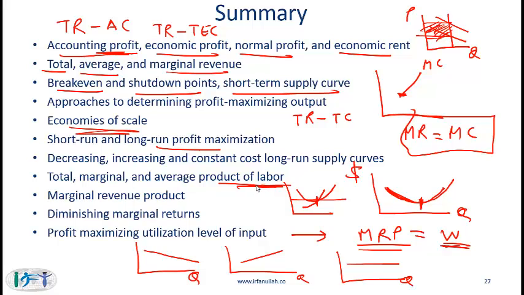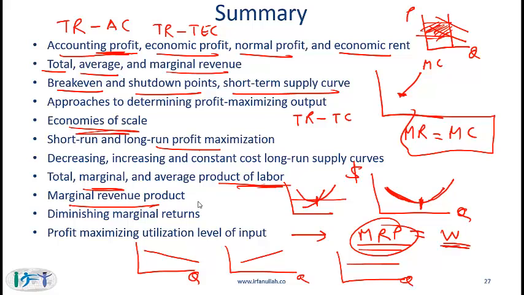Marginal product of labor would be the additional output from using one more unit of labor, and average product of labor would be the total output divided by units of labor. Marginal revenue product, which I talked about earlier, is the additional revenue that we get when we use one more unit of a factor of production such as labor.